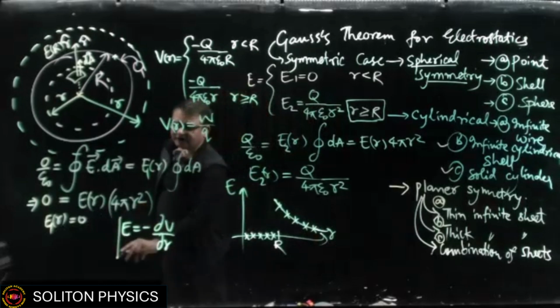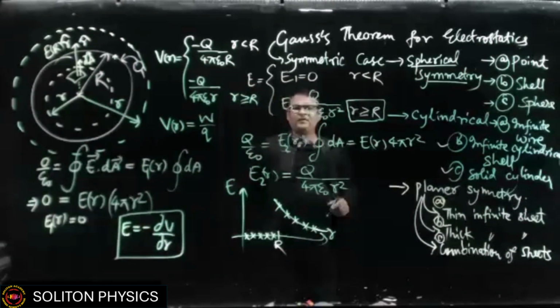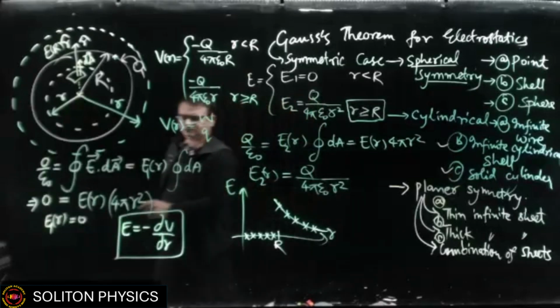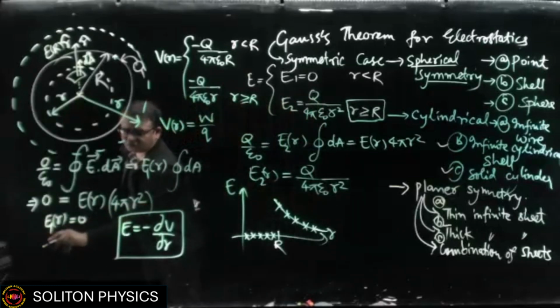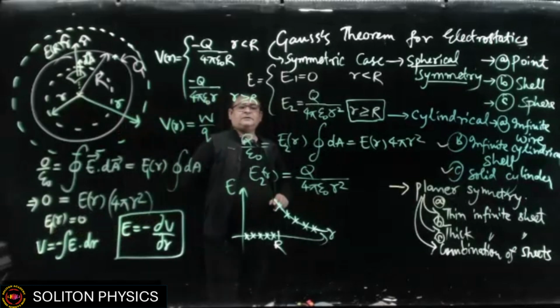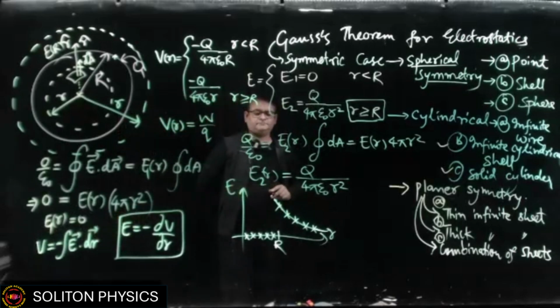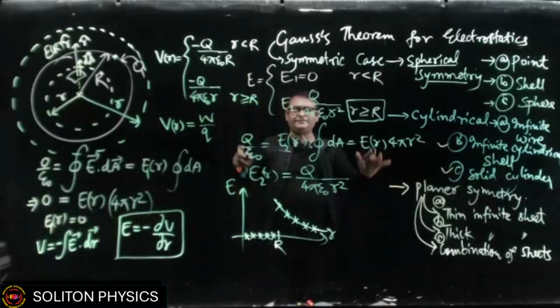Is this point clear? Yes, sir. So you could have written V is equal to integral E dot dr, and there is a minus sign. Very well. So all these points are clear.